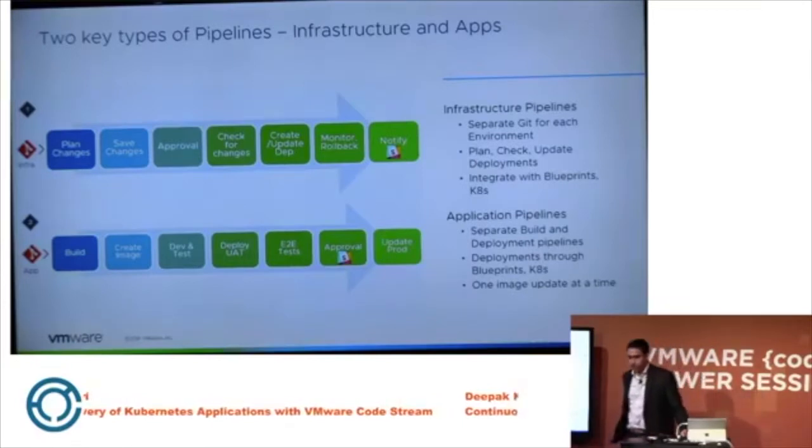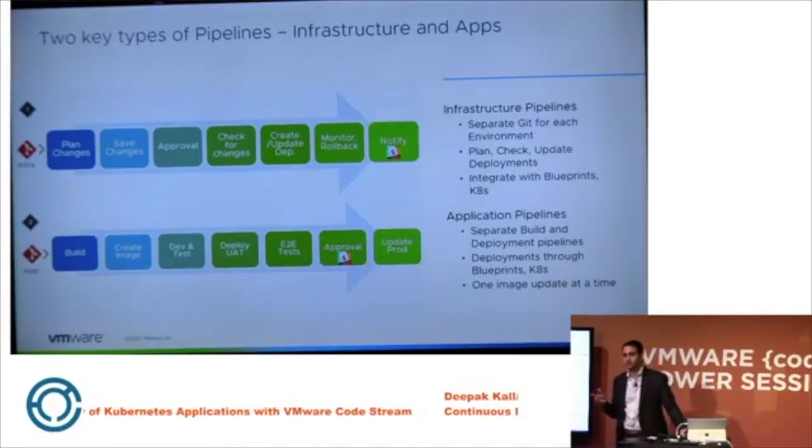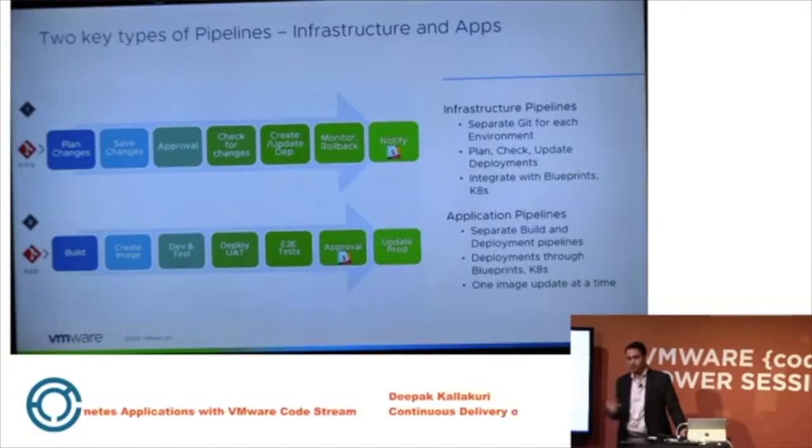Really quickly, there are a couple of different pipelines. Not many enterprises realize this, but as CI/CD adoption picks up, they understand there's a couple of different pipelines. One is the infrastructure pipeline. You want to roll out your infrastructure, define it as some sort of templates, and store that in Git. If you're driving everything through Git, you want to ensure that the infrastructure deployment is also infrastructure as code.